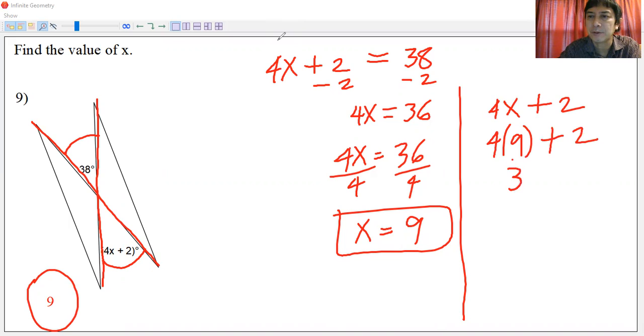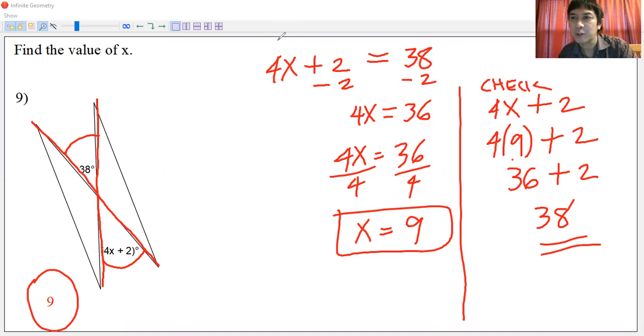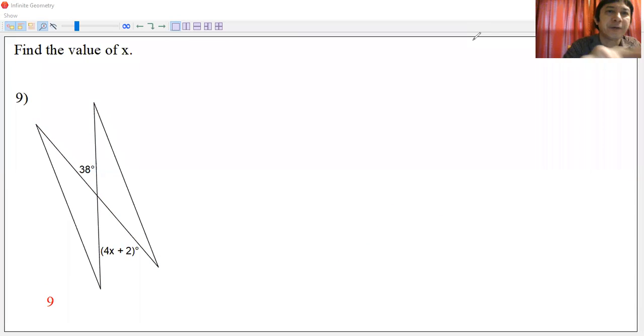And so this is 36 plus 2, which is clearly 38. This is just a check. Because we know in the first place, the two angles are equal. Okay, that's why for this question, it's just the x we're looking for. All right, so let's proceed to number 10.